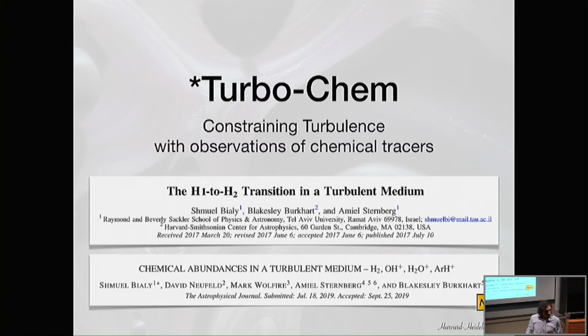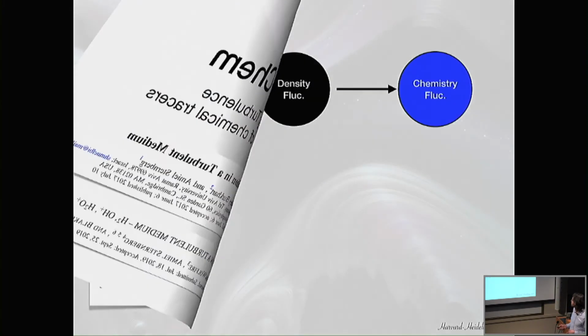But now I switched, and I'm thinking more of how we can use H1, H2, and other molecules to study turbulence. So I'm becoming more and more interested in turbulence, and this might be a good tool. This is a recent paper that we continued on this, going to more tracers and to more clouds. So this is based on these 2 papers.